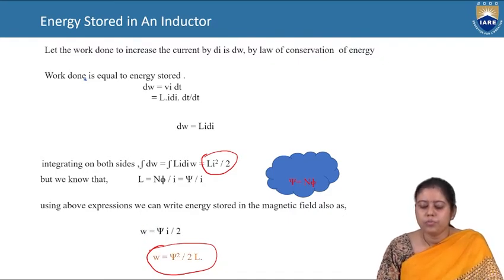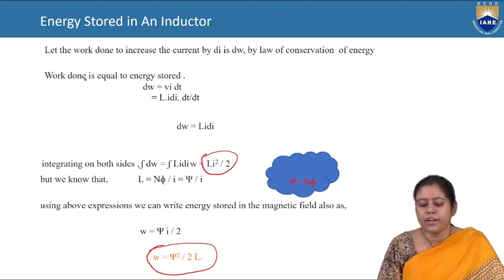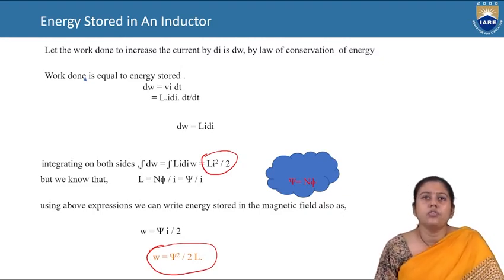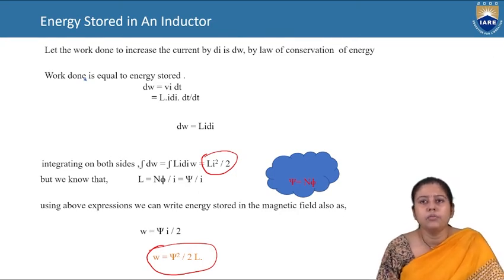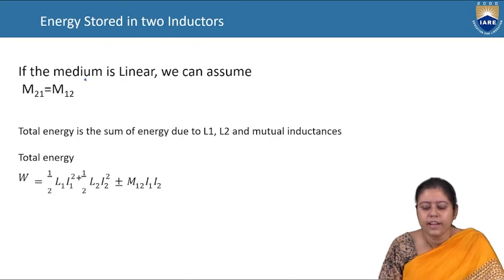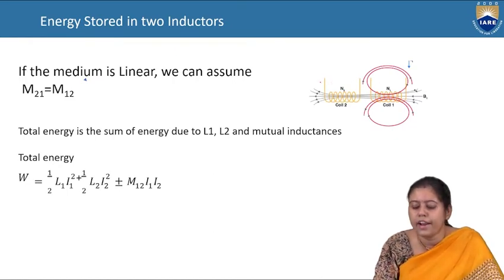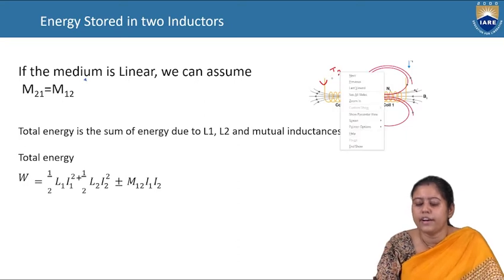So these are the important formulas of this chapter. One is energy is equal to Li square by 2. Another one is W is equal to psi square by 2L. And if mutual inductance is there, the total energy W is equal to half L1 I1 square plus half L2 I2 square plus or minus M12 I1 I2, if current I1 is flowing in the first conductor and I2 in the second conductor.